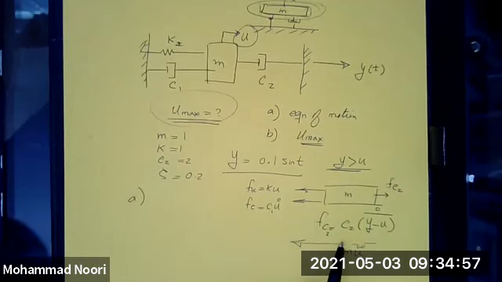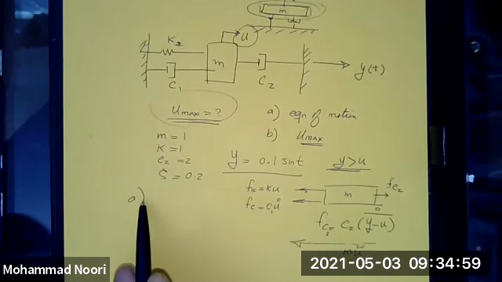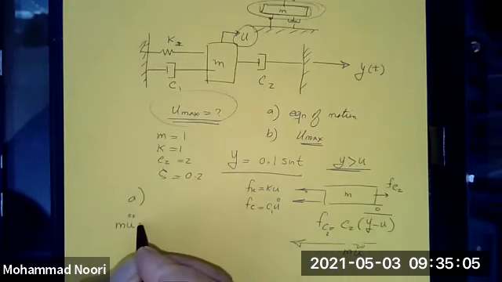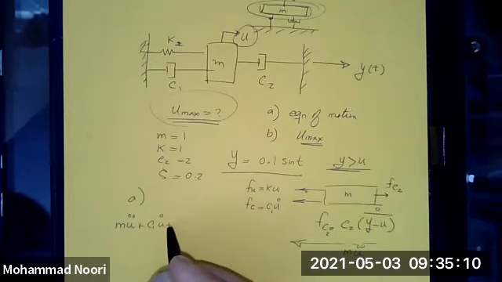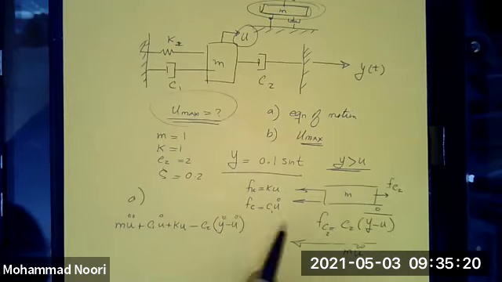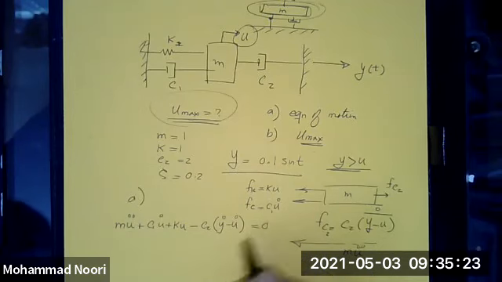From this free body diagram, you can easily set up the equation of motion. So let's write that down. You have m u double dot plus c1 u dot plus ku minus c2 times (y dot minus u dot), and this is equal to 0.